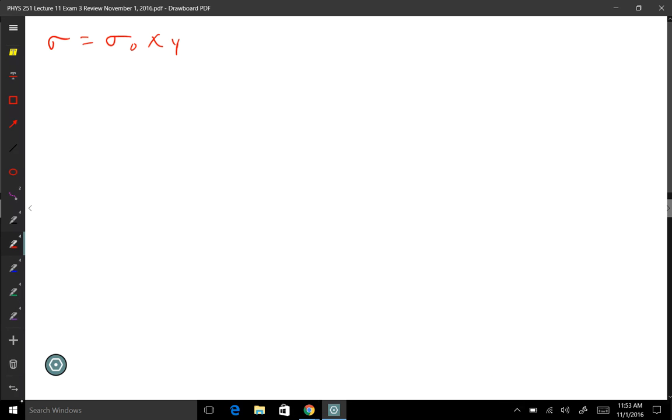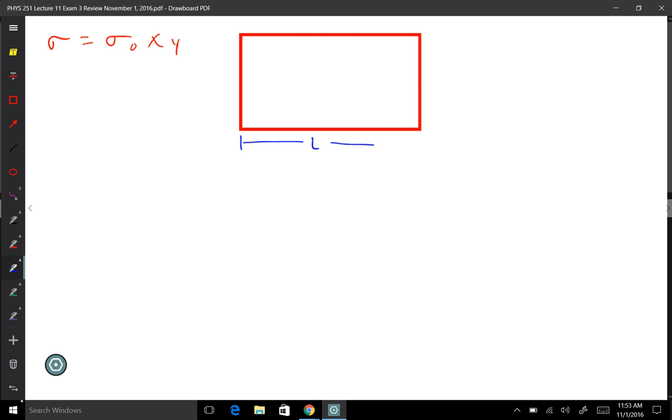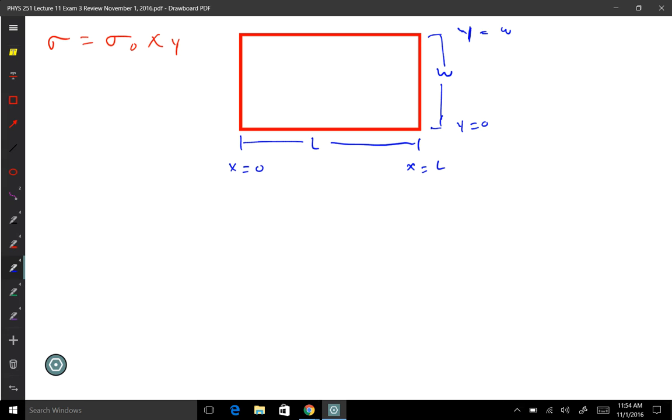So in this case, I have a rectangle that has dimensions like that, and I want to find the center of mass.